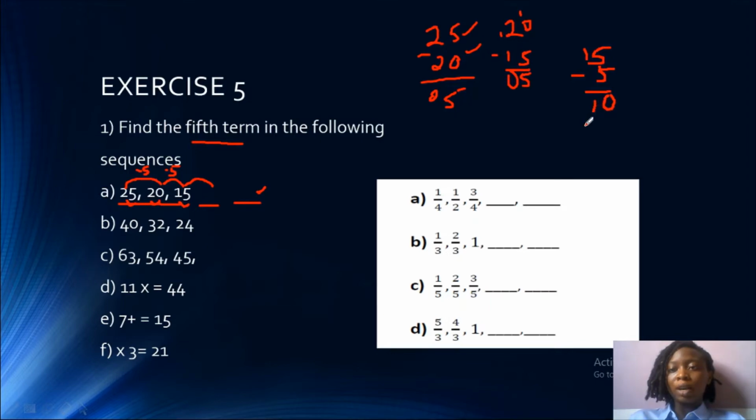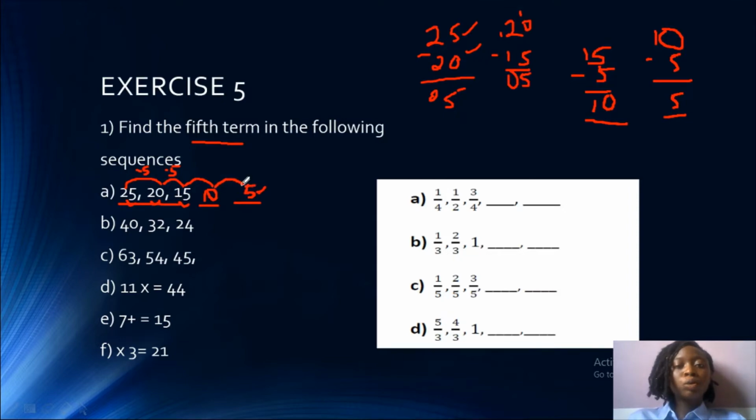Bring our 1 down, get 10. So that is the next number. So we do the same thing here. 10 minus 5 is 5. So this is our fifth term.